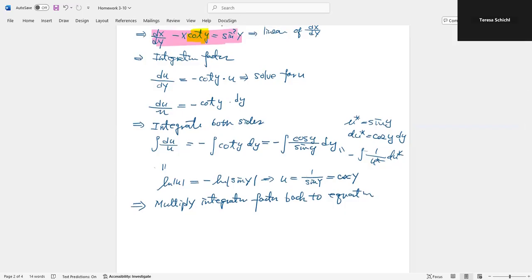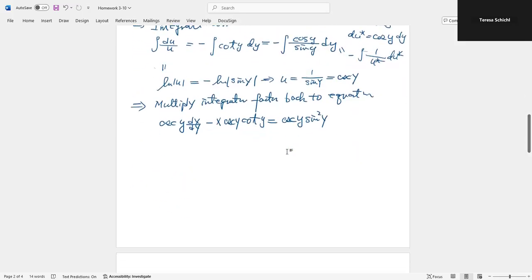So let's say the cosecant y. So the dx dy minus x cosecant y cotangent y is equal to cosecant y sine squared y.